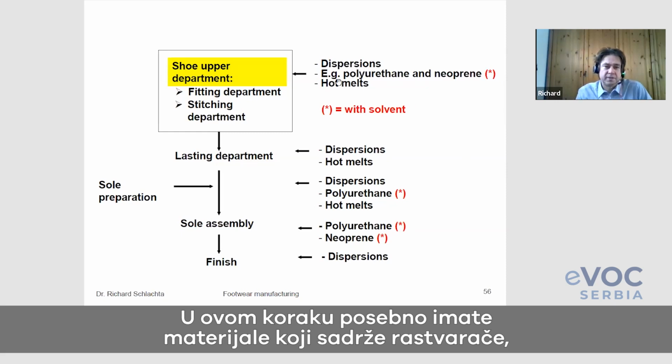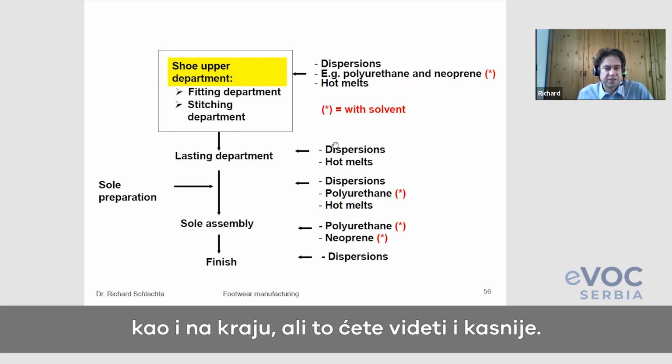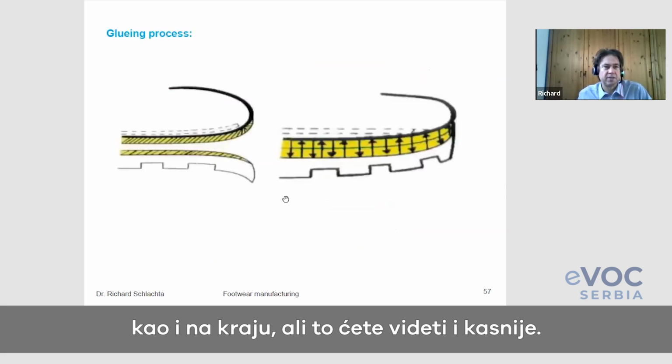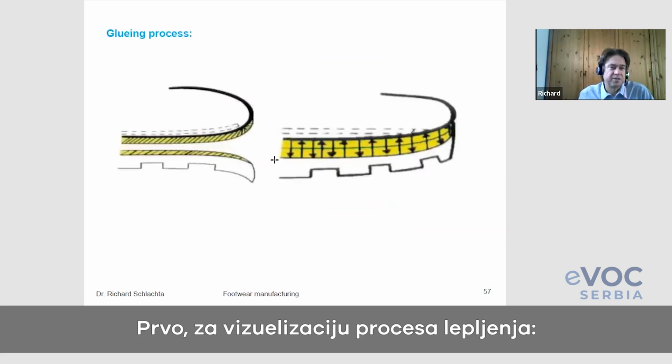Especially in these steps we will find solvent-containing materials, and in the finish too, but these are maybe the most prominent steps, which I will show you later. First, for visualization, what is the gluing process?